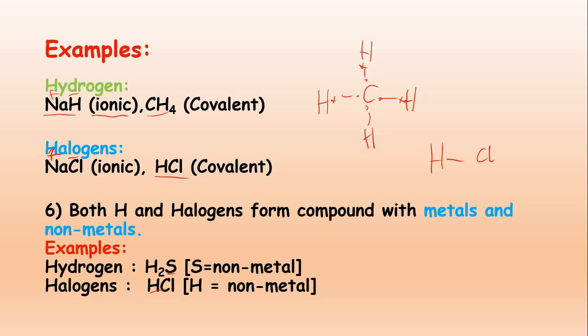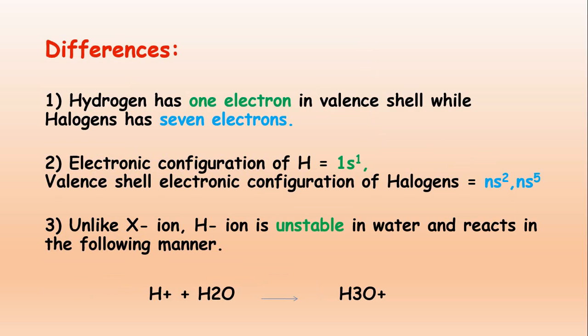Here the hydrogen is acting as a non-metal, so both have the ability to react with metals as well as non-metals. Now the differences: hydrogen has 1 electron in the valence shell, while halogens have 7 valence electrons.